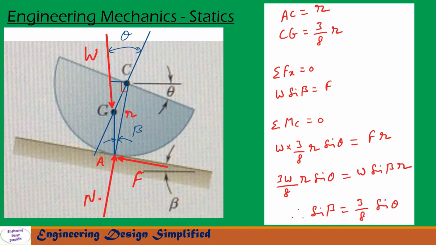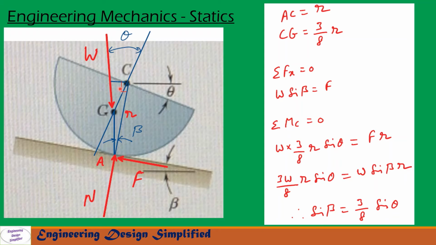Now let us take moments about C. The force N won't create any moment about C since it acts through this point. The moment due to F about C is F times the distance C to A, that is R, so F R. The moment due to W about C is W times this distance. Since this angle is theta and this line is perpendicular to that line, this angle will be 90 minus theta.